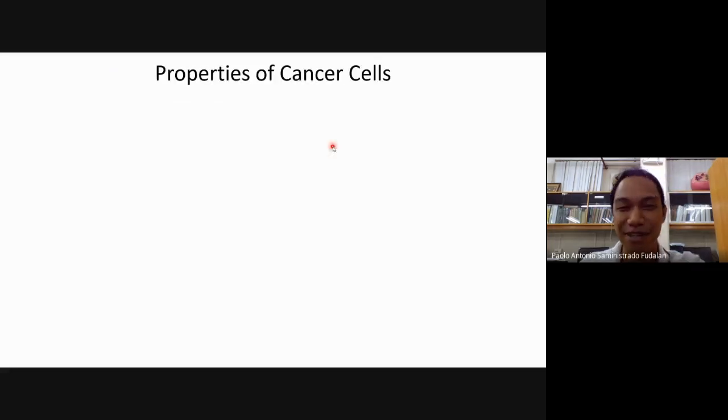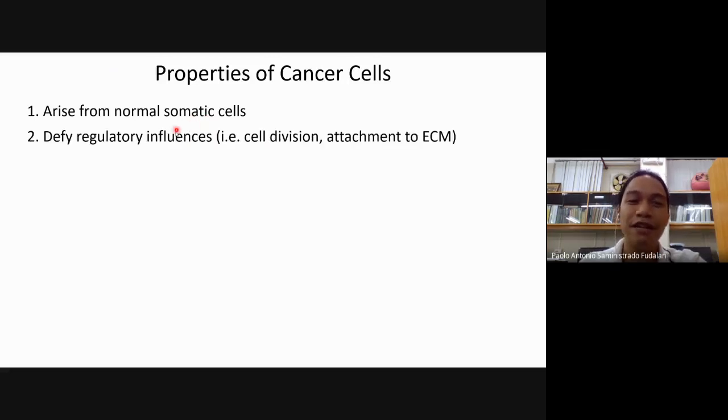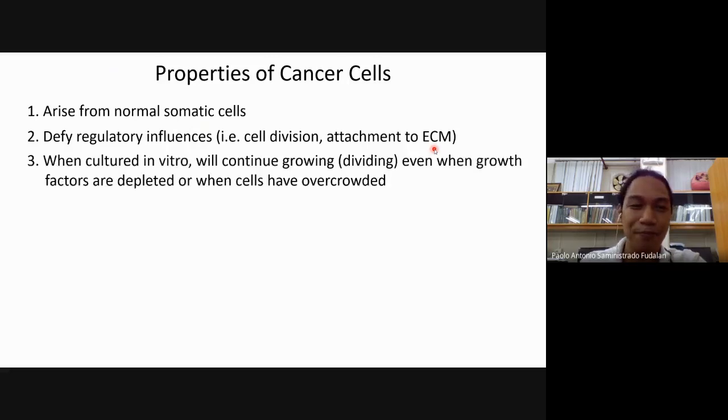Okay, so what are the properties of cancer cells? They arise from normal somatic cells. Somatic. So not from sperm or egg cells, but from somatic cells. They defy regulatory influences like those on cell division, so they do not obey attachment to the extracellular matrix. If you tell them to stay, they will not stay.